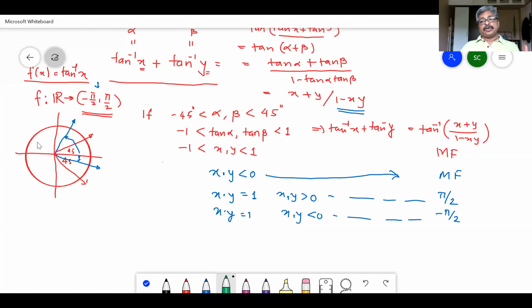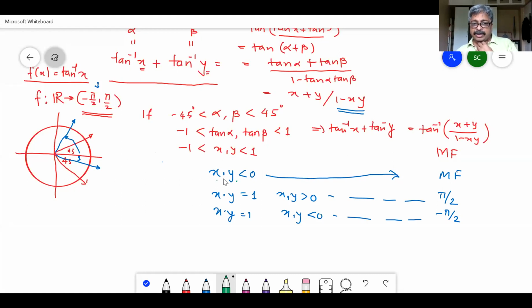That is what is going to trouble us. So in that case, can we figure out what should be the conditions on x and y? Now both x and y should have the same sign. Do you understand that?